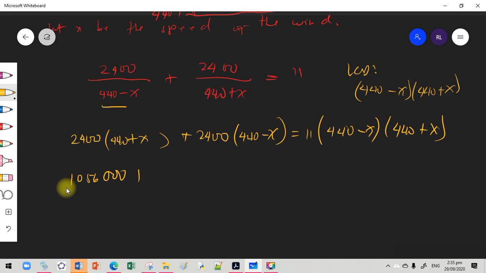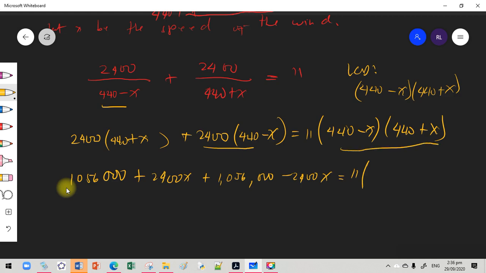Then we have plus 2,400x. Another, this one is the same, 1,056,000, then minus 2,400x equals 11 times, what is 440 squared?